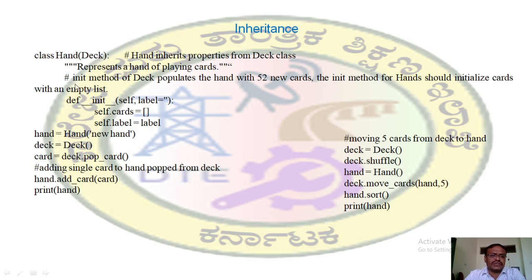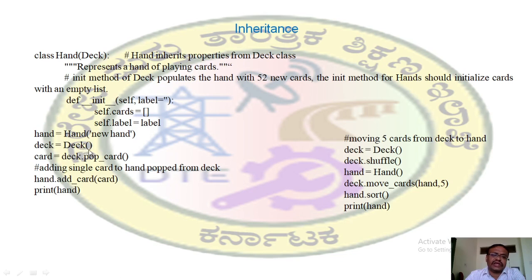And we have something called the initialization method, with self.cards and self.label. Then hand is equal to a new Hand, we are just creating it.